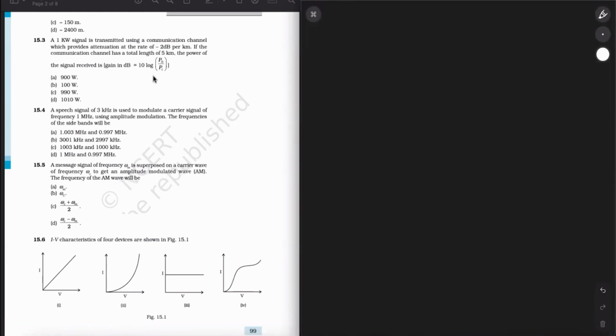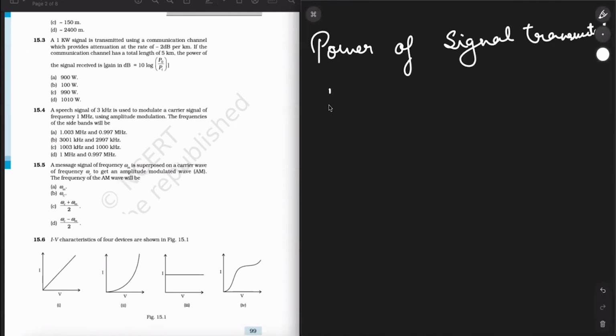The gain in decibel has been given to you, it is 10 log P naught divided by Pi. The power of signal transmitted Pi has been given to us as 1 kilowatt, which can be written as 1000 watts. Simple.